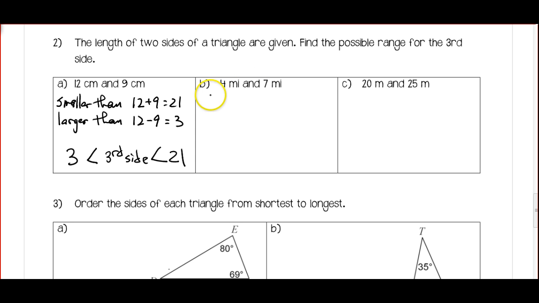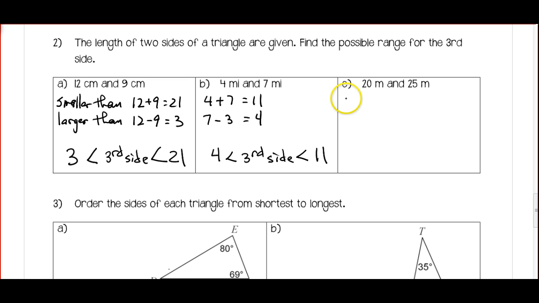So we've got the third side, it's going to be smaller than 4 plus 7, so that's 11. But it has to be larger than 7 minus 4, which is 3. So I know that my third side has to be between 3 and 11. All right, moving on.